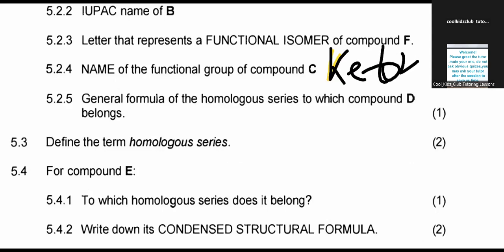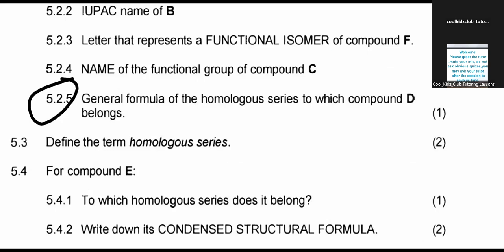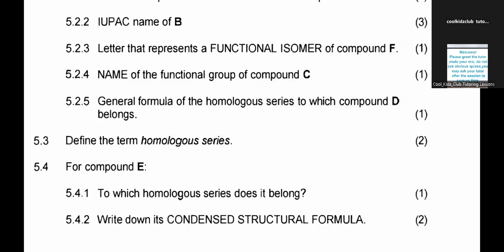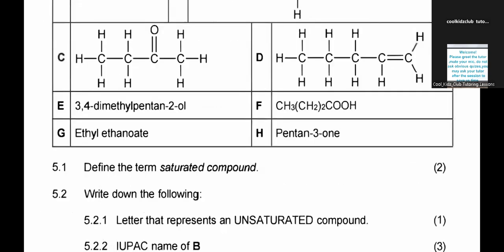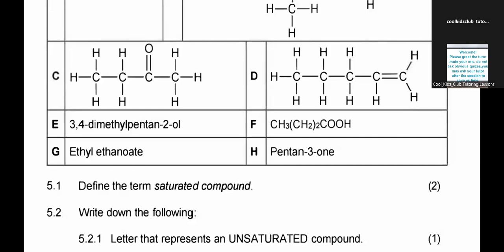Then they said the general formula of the homologous series to which compound D belongs. They are talking about the general formula, which on that table you will study as to which compound D belongs. So D belongs to, as we said, the carboxylic acids.